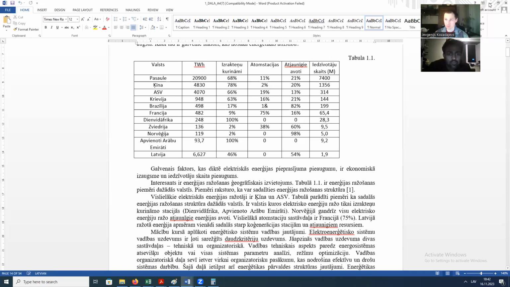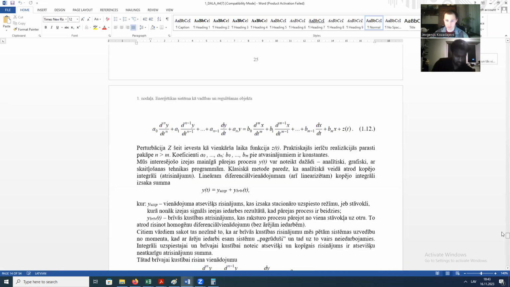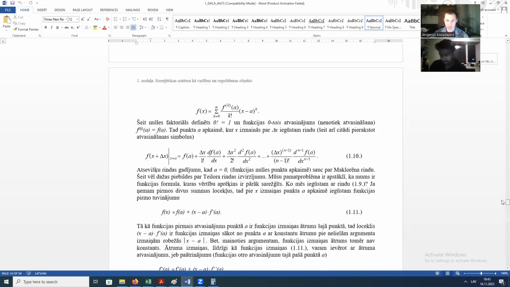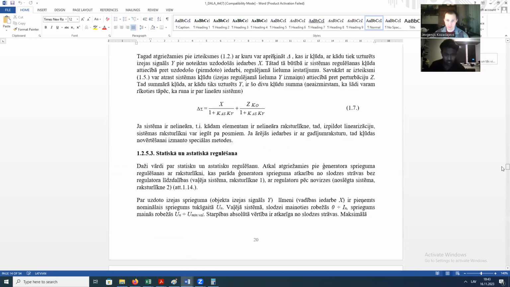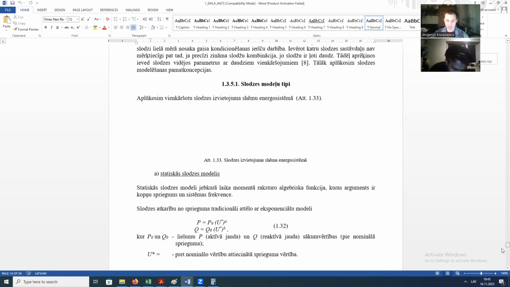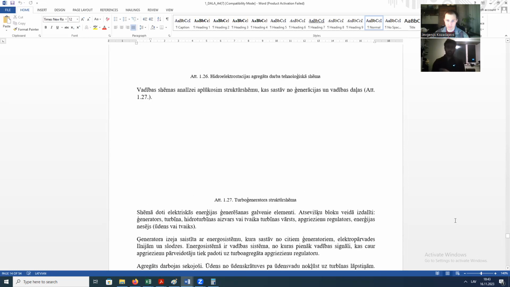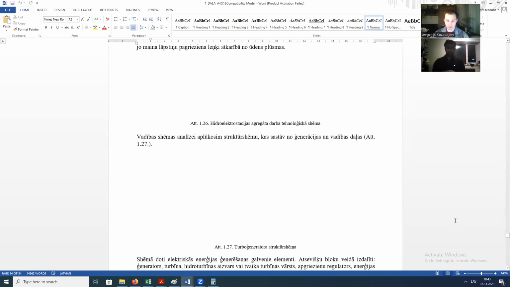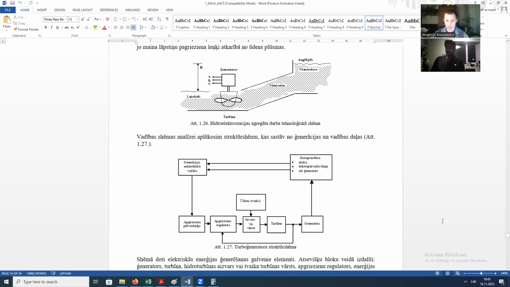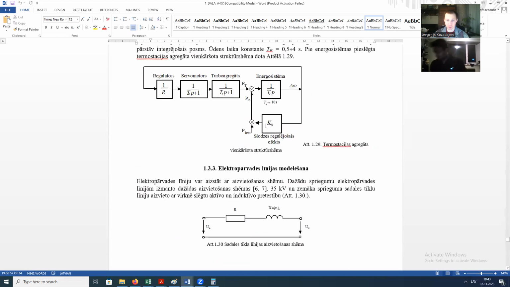It was here... okay, where is it? Oh, it was in there. Okay, it was here, what we were discussing last time, the scheme and the representation.